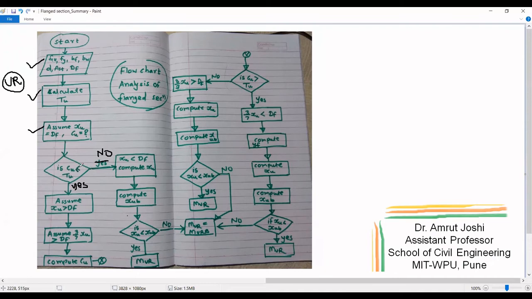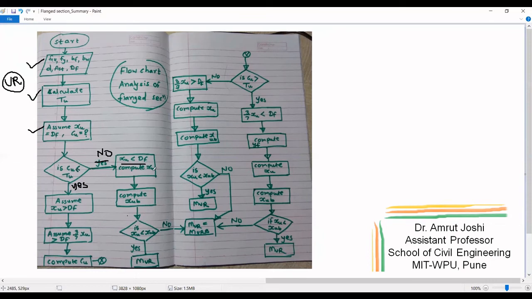Then we check if Cu is less than or equal to Tu. If Cu is not less than or equal to Tu, that means Cu is greater than Tu, which indicates the area on compression side should be less and therefore the neutral axis must lie within the flange. So xu will be less than Df.